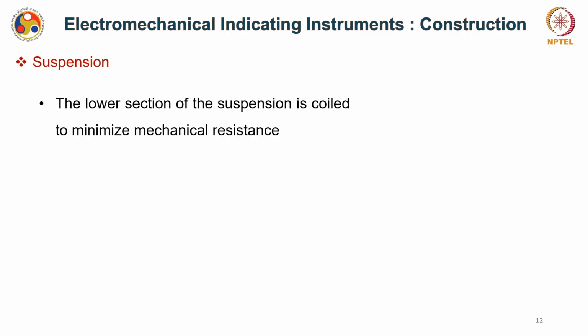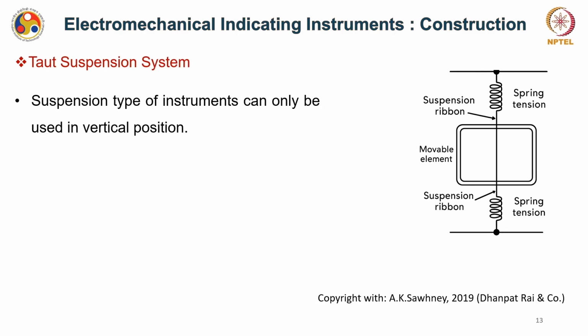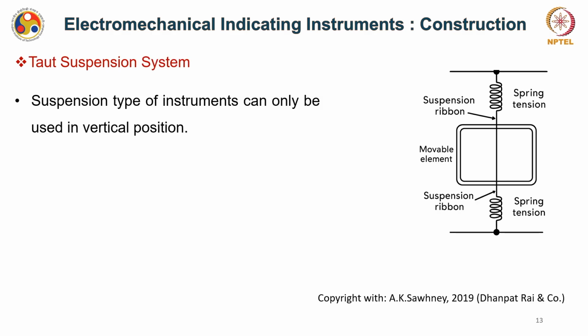All right. The lower section of the suspension is coiled to minimize the mechanical resistance. This also ensures that the moving system experiences almost no restraining force. However, this can only be minimized, but it cannot be zeroed. All right. Therefore, we have another kind of suspension system, which is the taut suspension system.